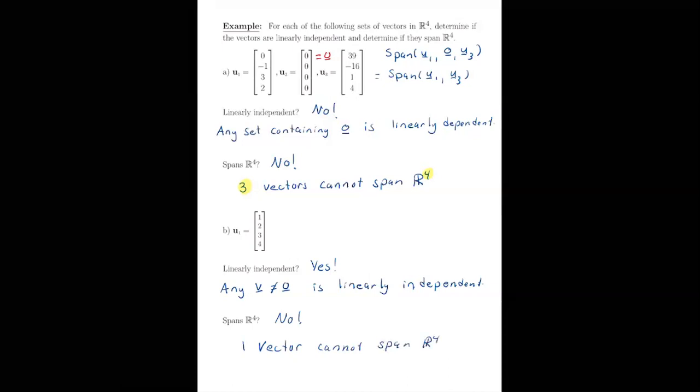You have to have at least 4, but again, you have to be a little bit careful. Just because you have 4 vectors in R4 does not mean that they will span. You have to actually check that. But right away, if you have fewer than 4 vectors in R4, so fewer than n vectors in Rn, then they cannot span. Okay, so let's move on to our next page here.